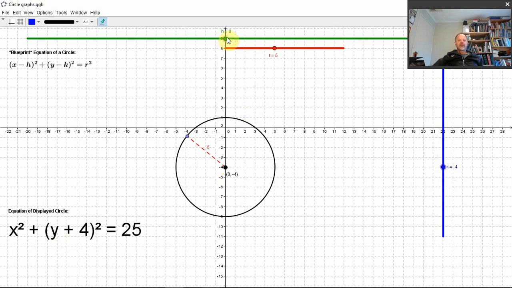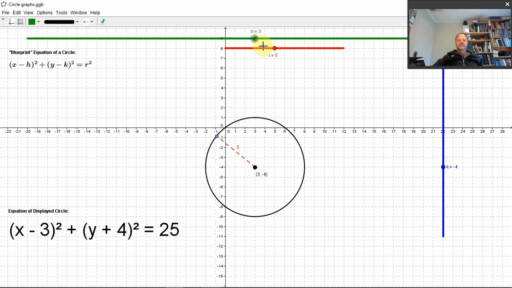All right, and of course we can have it in other places as well. So here we've got 3 and -4. So when we look here, x minus 3, so plus 3 to make that bracket 0, and y plus 4, minus 4 to make that bracket 0, and here's our centre. So our h here and our k here give us our centre. All right.